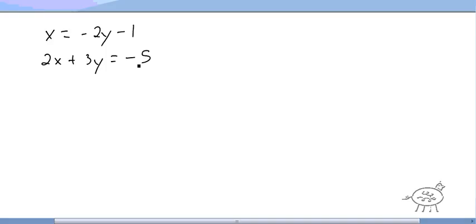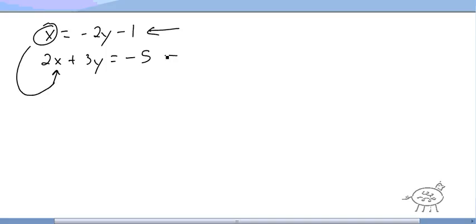Alright, well, notice this first equation, x is already solved. So I don't really have to do a lot of work to solve one equation. Sometimes an equation is not solved and you actually have to solve it and then plug it in. So I am literally going to plug in into there. That's going to be where that x is negative 2y minus 1. I'm going to plug that into that x.